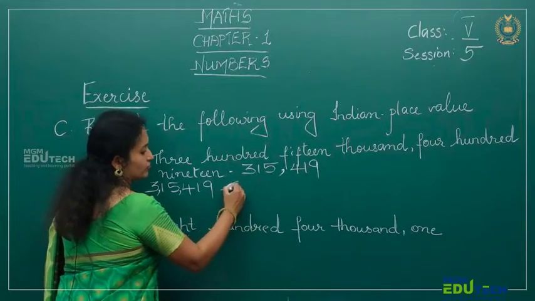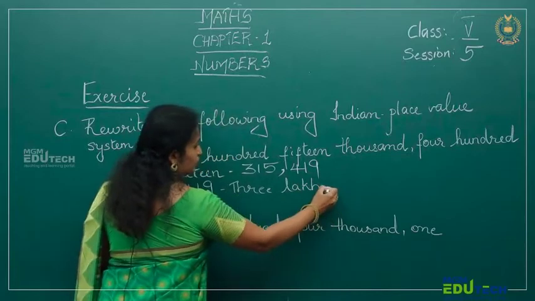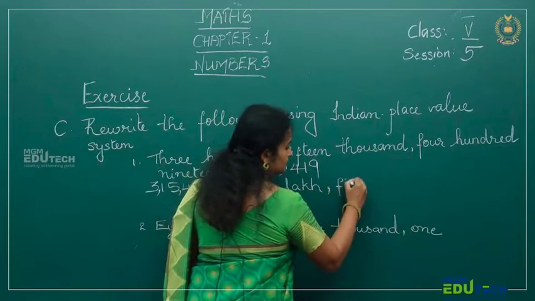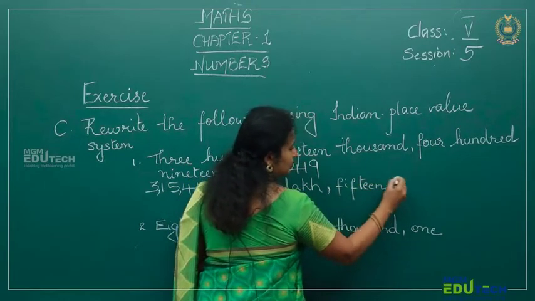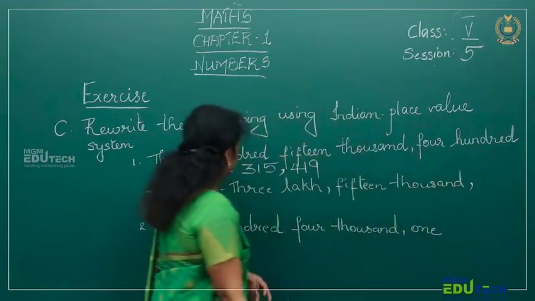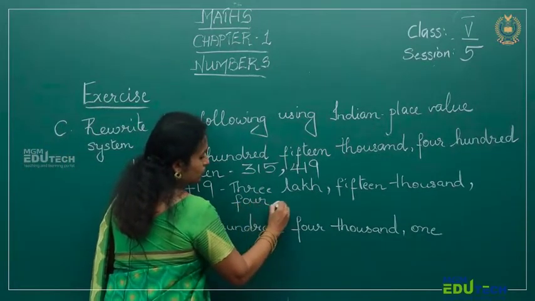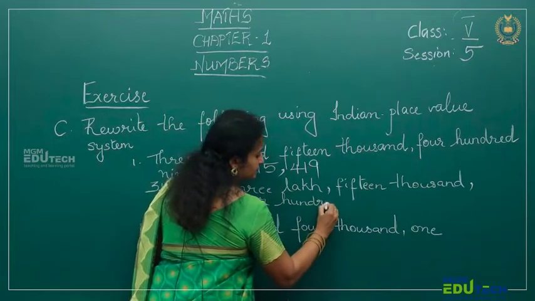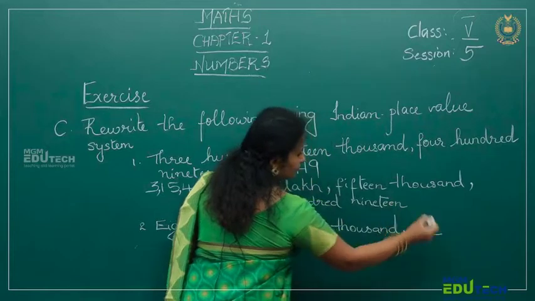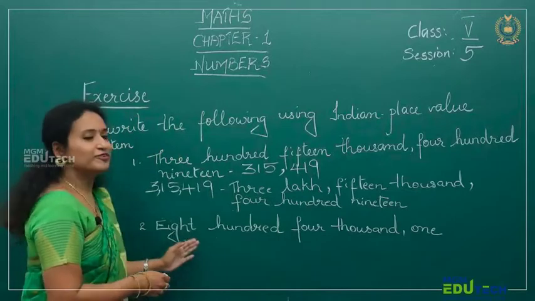Then write down 3 lakh, put a comma, lakhs period is over. So 3,15,000. So 15,000. Again put a comma. 419. See how easy it is? Yes or no? Okay, now go to the next question.